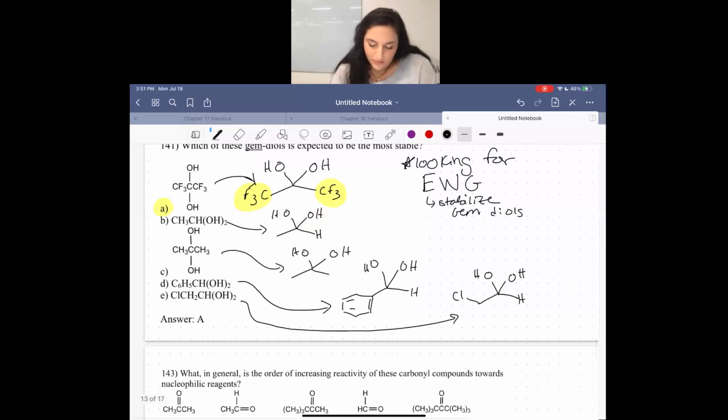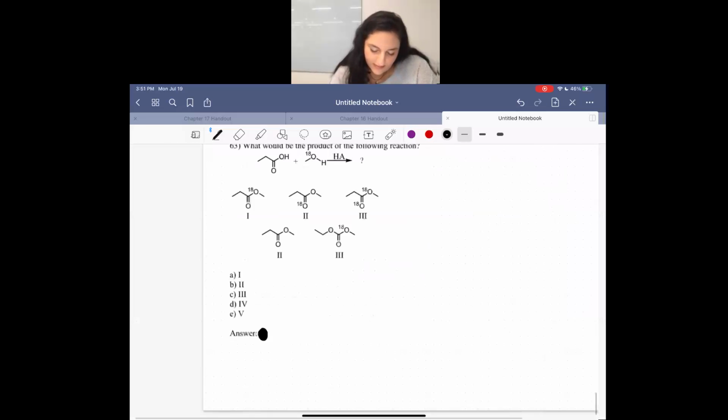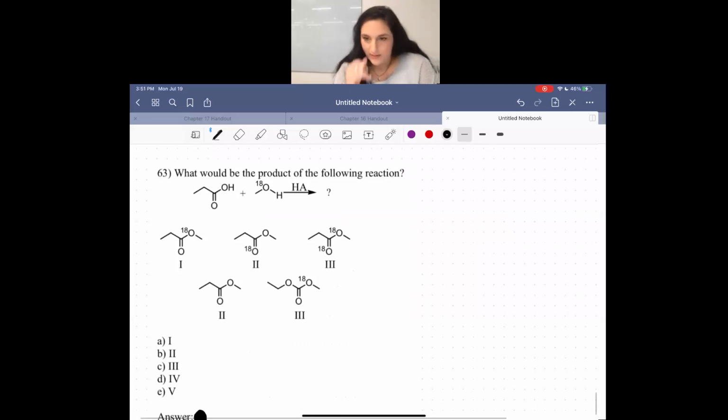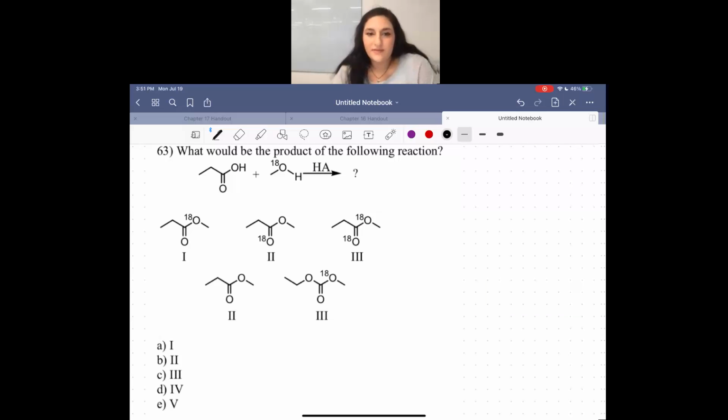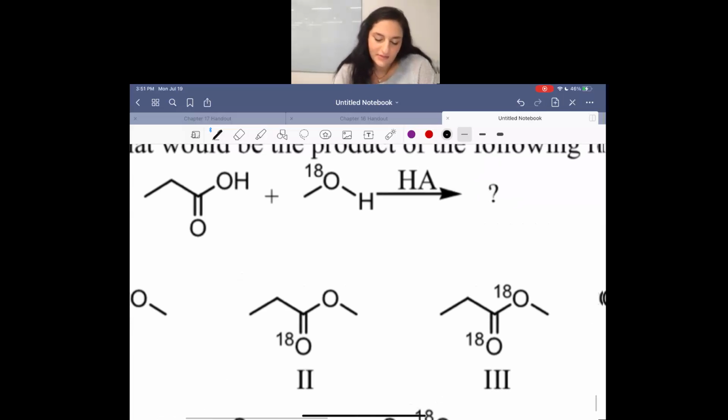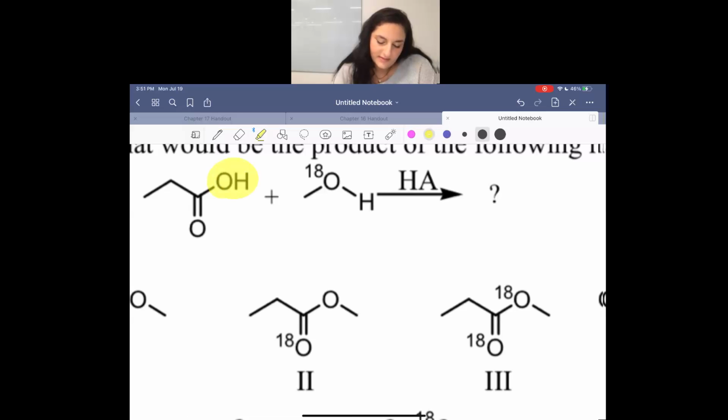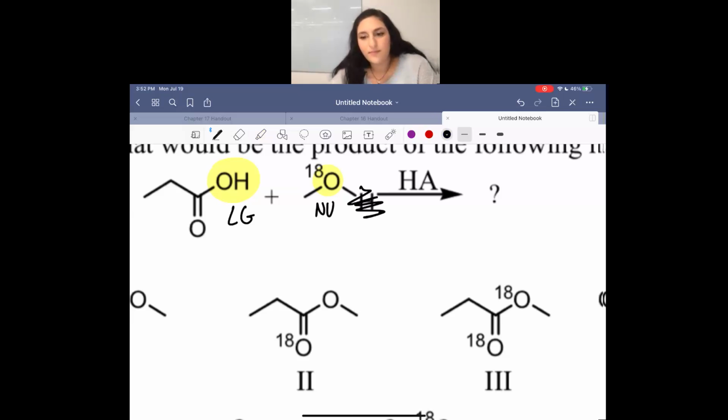So now I'm going to pick some chapter 17 questions. Okay, so this is a good one. So chapter 17, right? We have an acid, we have an alcohol, and we have a carboxylic acid. Let's do the rosemary method. This is the leaving group. This is the nucleophile. And we cross out a hydrogen.